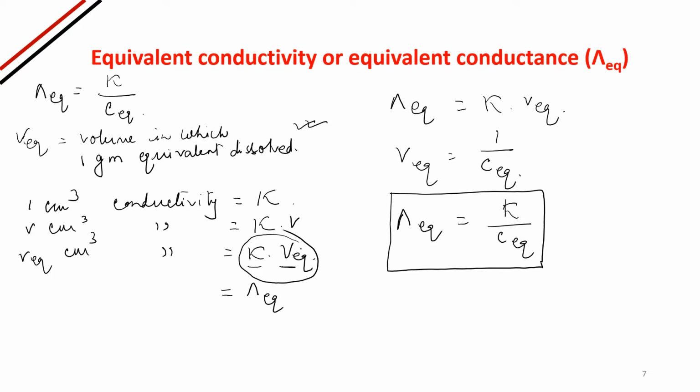Suppose you are having different types of conductance, then if you have to compare the conductivity of those different types of conductance, a new term, equivalent conductivity or equivalent conductance, is introduced. Okay, am I clear to you?